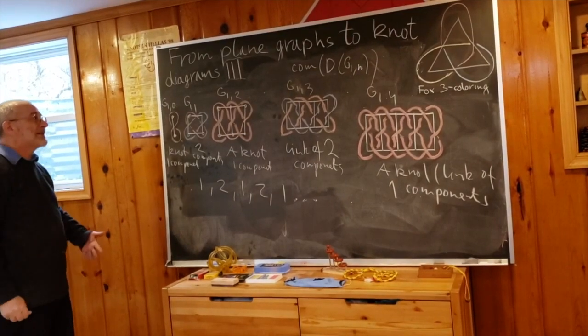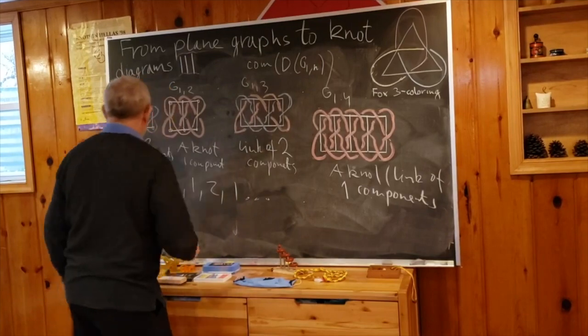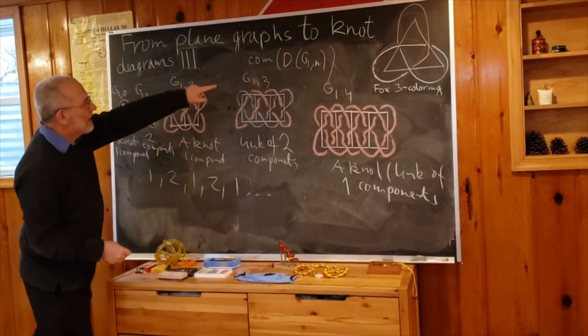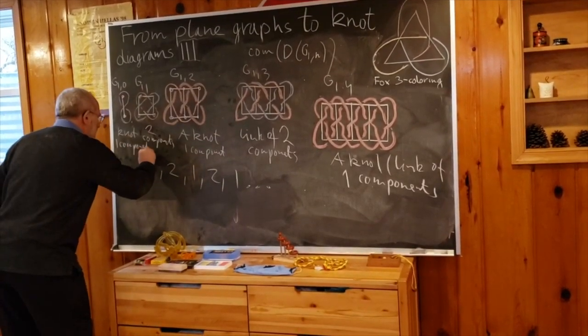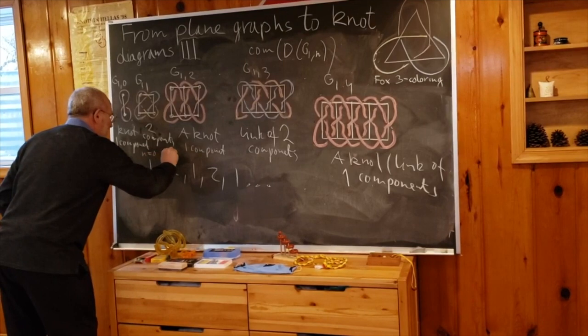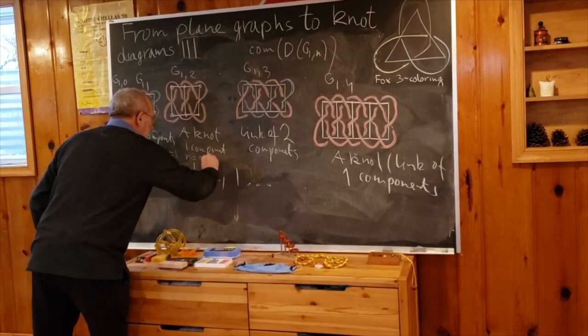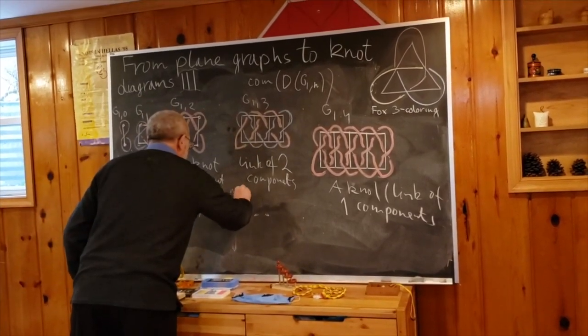We can try to write this as a formula as well. So what will be the formula? Remember that this one was corresponding to n equal 0, n equal 1, n equal 2, n equal 3, and finally n equal 4, etc.